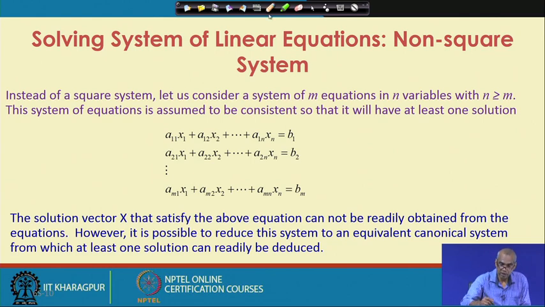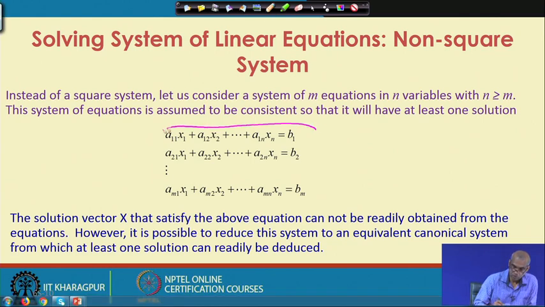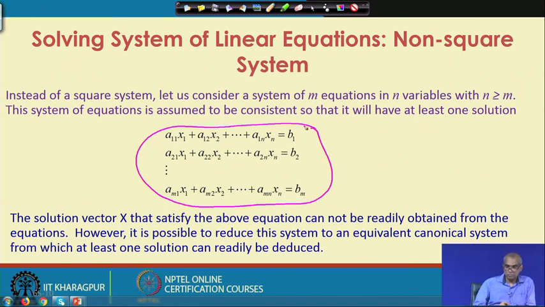So, now I have this set of linear equations. Note that we now have m rows and n variables. So, if you look at the coefficient matrix, it will have m rows and n columns.